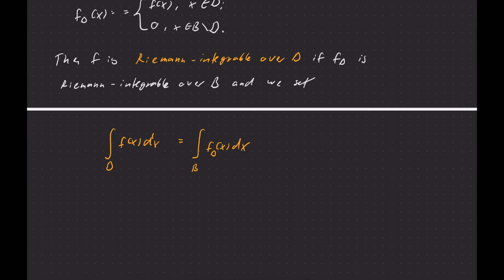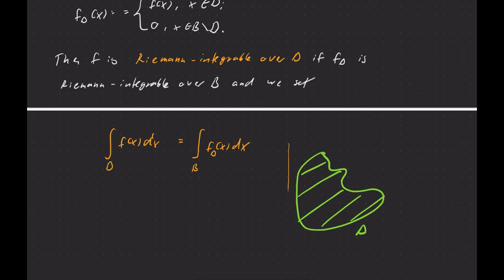So basically the setting is like this. We have this set D that can look really arbitrary here, like this. So this is D, we want to integrate over D. And what we do is we start with a box that contains the set D, like this here.